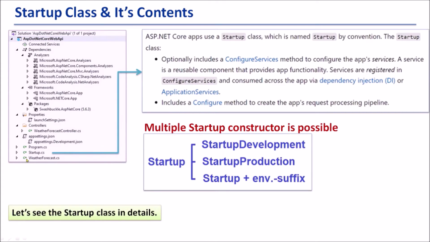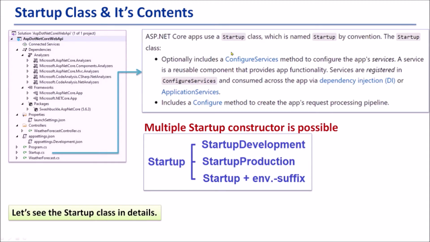Now, let's look at the Startup file. The Startup file is one of the most important files in the application. Actually, the Startup file is a class. ASP.NET Core apps use a Startup class, which is named Startup by convention. The Startup class optionally includes a ConfigureServices method to configure the app's services.